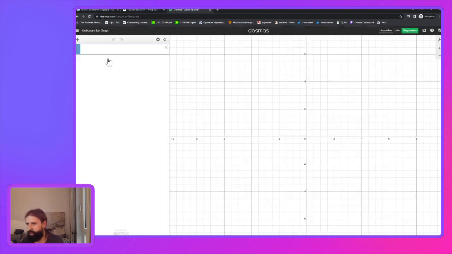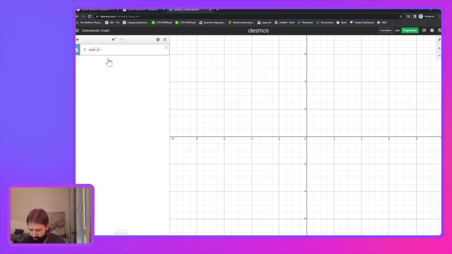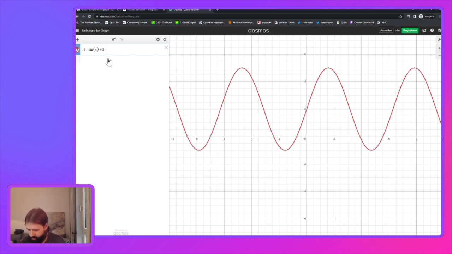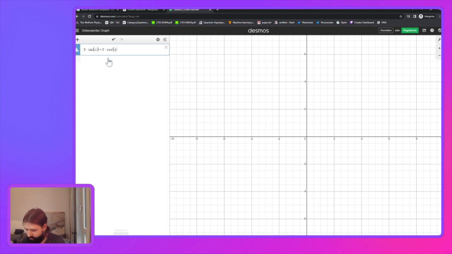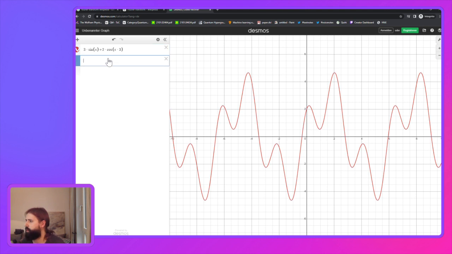So let's pick something like 3 times sine of x plus 2 times cosine of 3x. Let's pick this function.